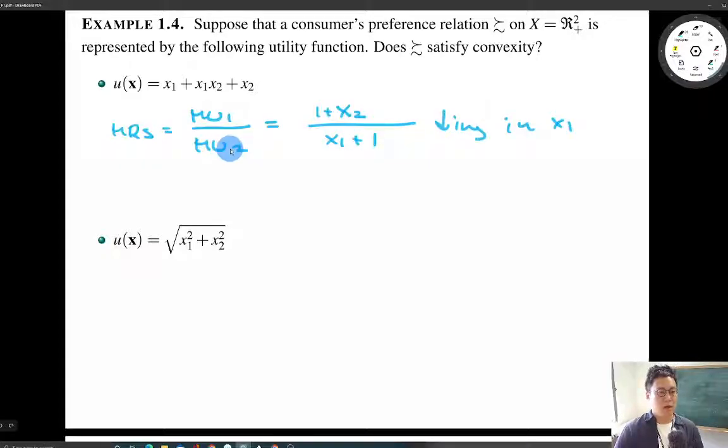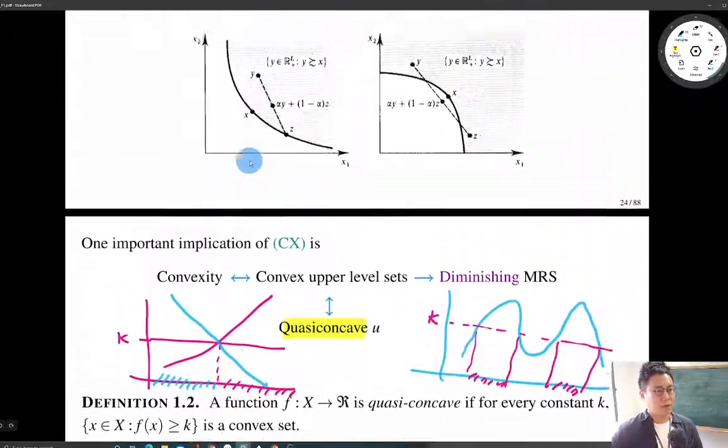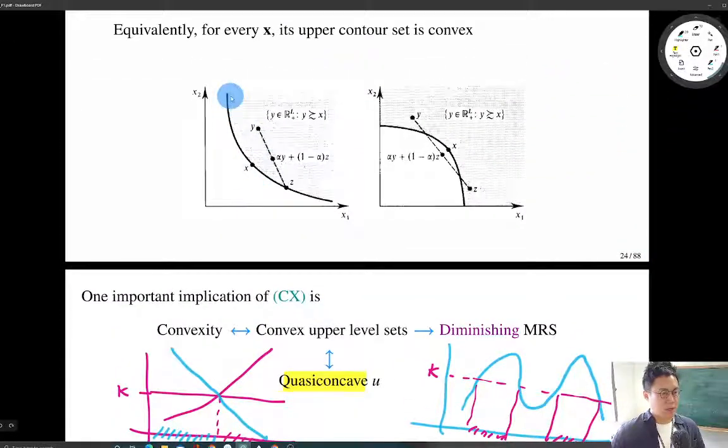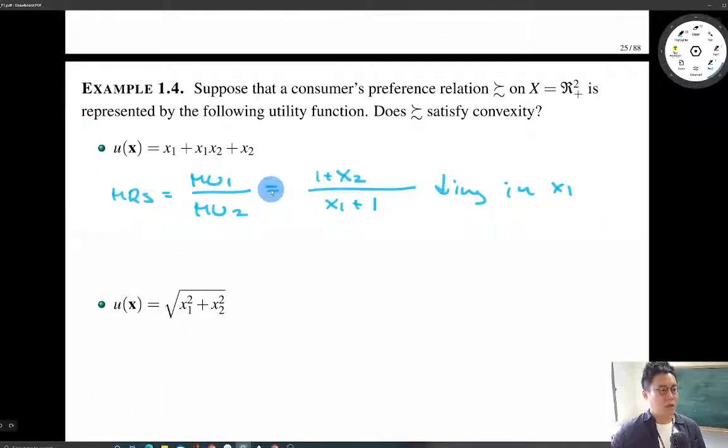Going back to the figure, if the preference relation is convex, then it has a diminishing marginal rate of substitution. So as x1 increases, the slope of the indifference curve is decreasing, right? So here MRS turns out to be decreasing, so we can say the preference relation represented by this utility function is convex.